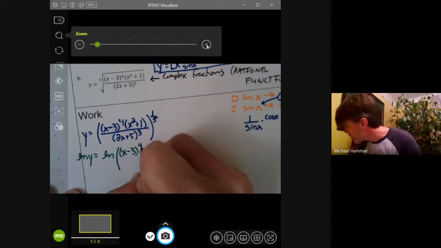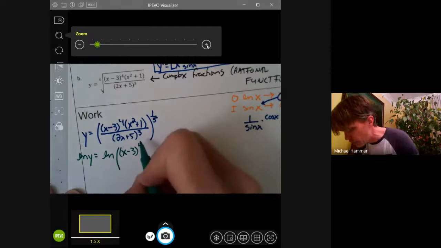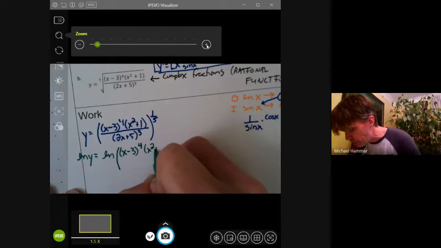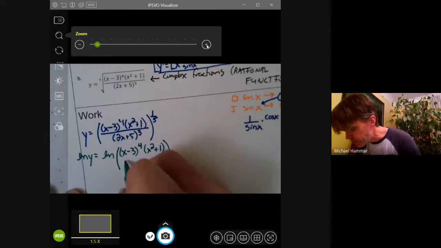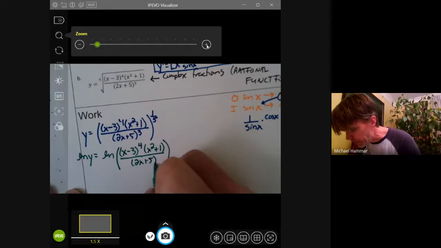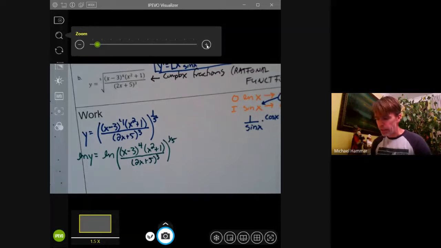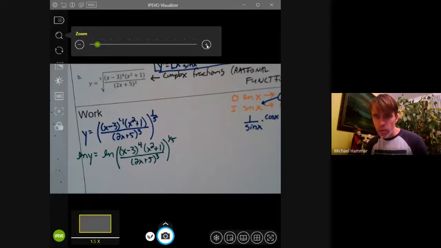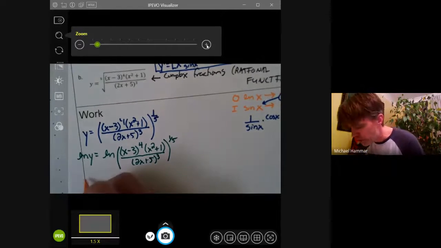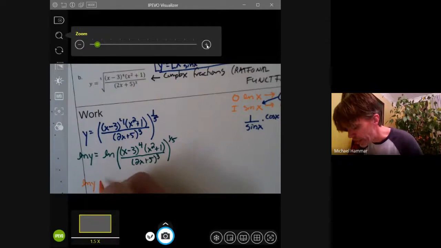So this is x to the fourth, just making sure, x squared plus 1 all over 2x plus 5 to the third, and it's to the 1/5. So what does that allow us to do? Okay, that now allows us to take the 1/5 out to the front. So we're going to just drag a lot of stuff along.